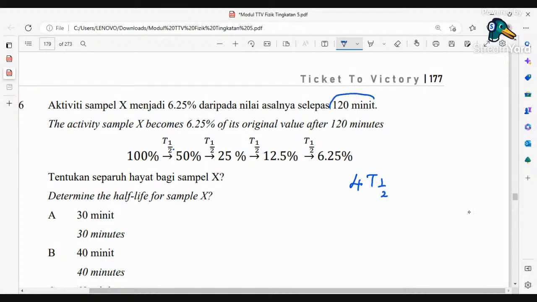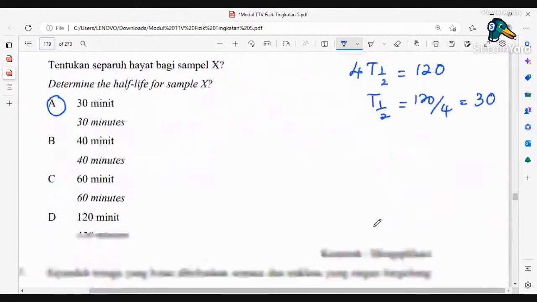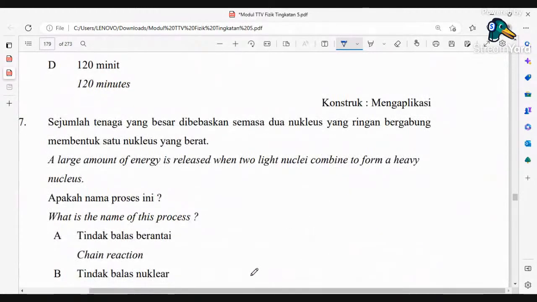The total time taken is 120, means 4 half-lives equals 120. Thus, half-life is 120 divided by 4. So you get 30. Half-life is 30 minutes. So you must understand the question.